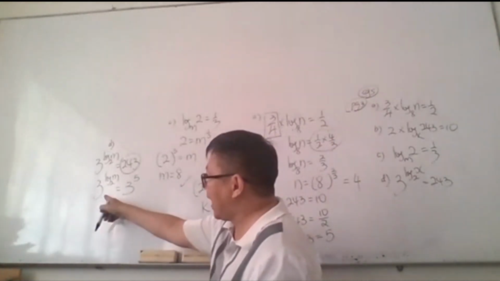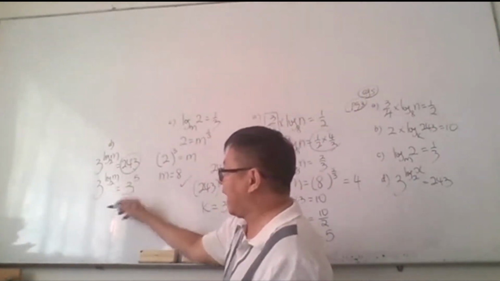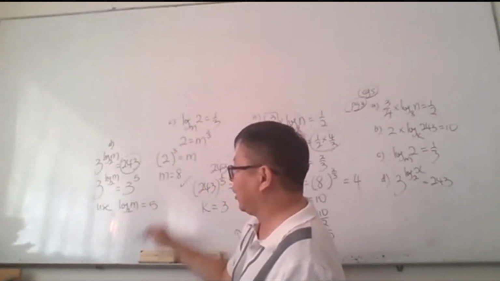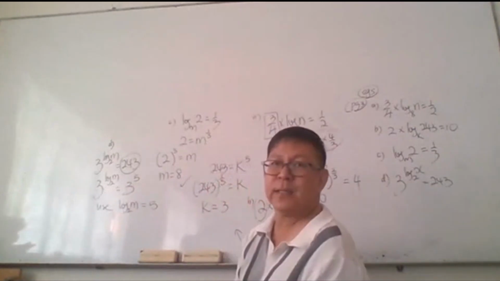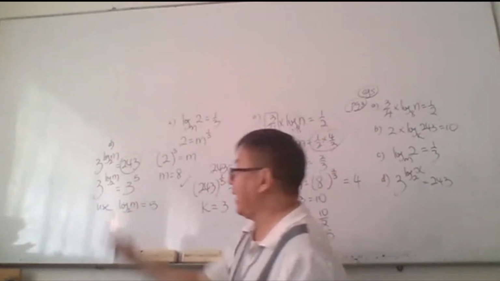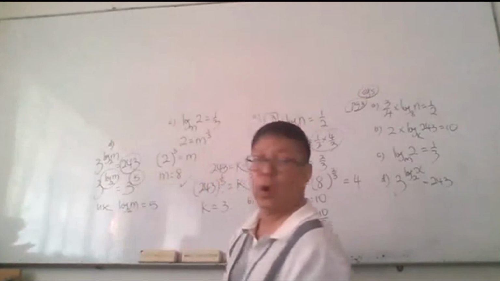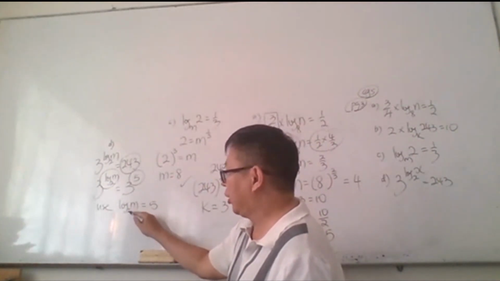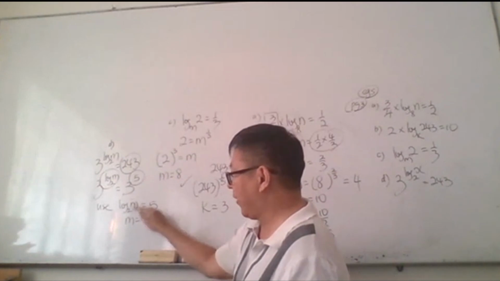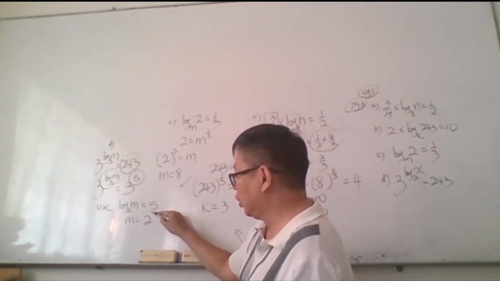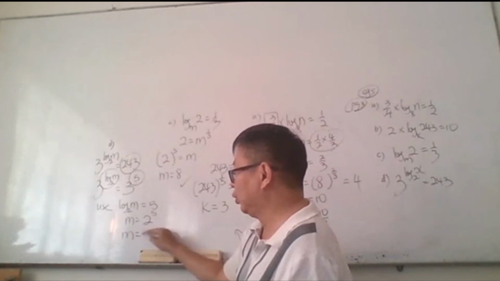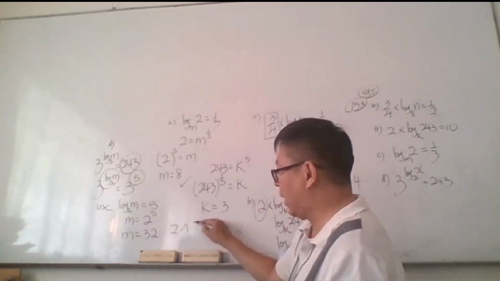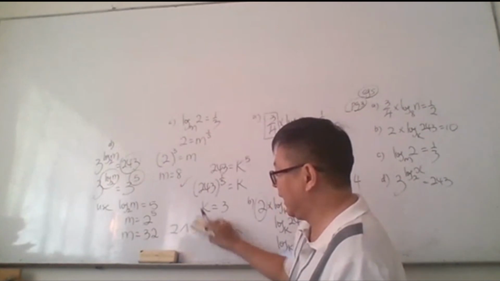Once I get 3 to the power of log 2 of m equal to 3 to the power of 5, I can say log 2 of m equals 5, because if their bases are the same, then the indices are also the same. Now I change the logarithm with base 2 to index form: 2 to the power of 5. Use your calculator, 2 to the power of 5 gives you 32.